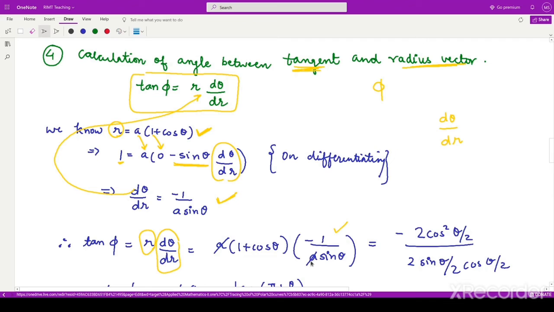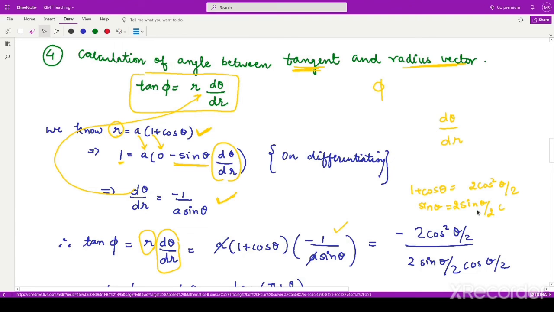So this a and a cancel, and we have minus as such. What is the value of 1 plus cos theta? It is equal to 2 cos square theta by 2 in half angles. And similarly, sine theta is equal to 2 sine theta by 2 into cos theta by 2.